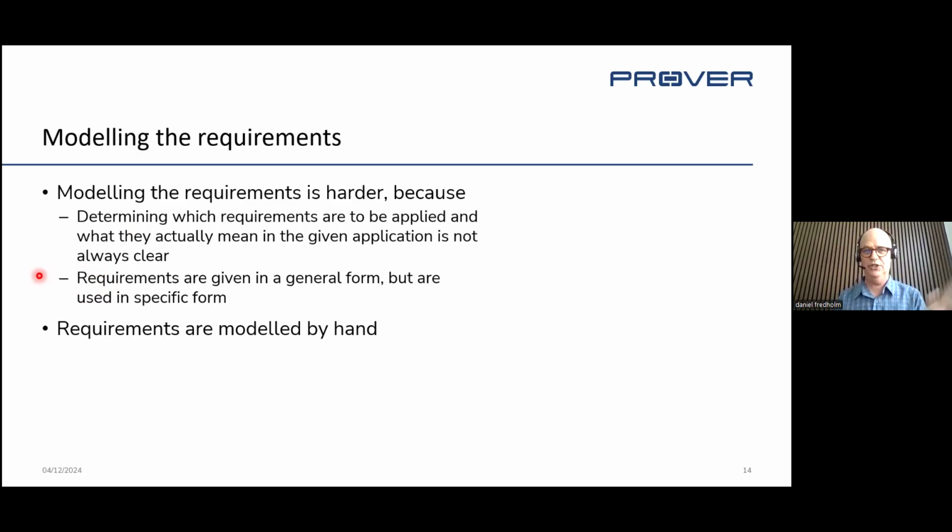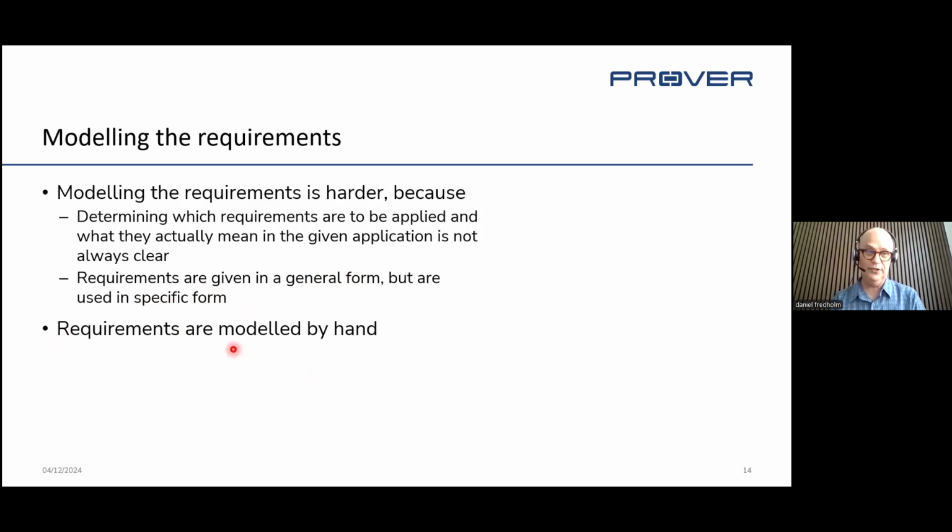They speak in general terms, as we will see in an example pretty soon. But when we want to apply or verify them, it's actually a particular system we want to look at, in a particular rail yard. So it's specific. We need some kind of mechanism to come from the general form to the specific form, the one that we will verify.